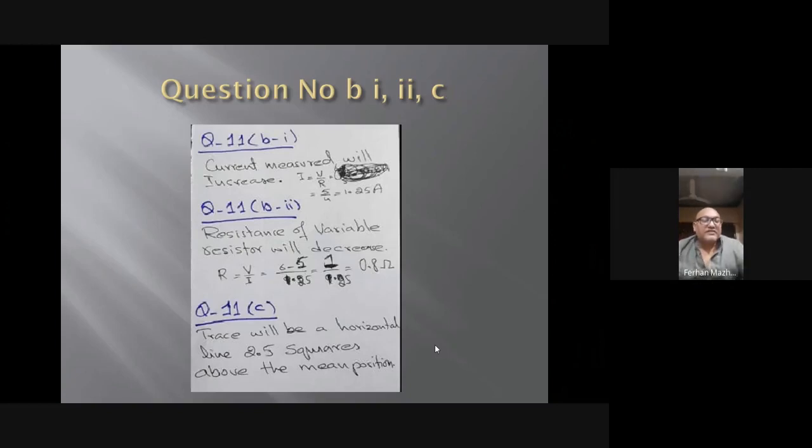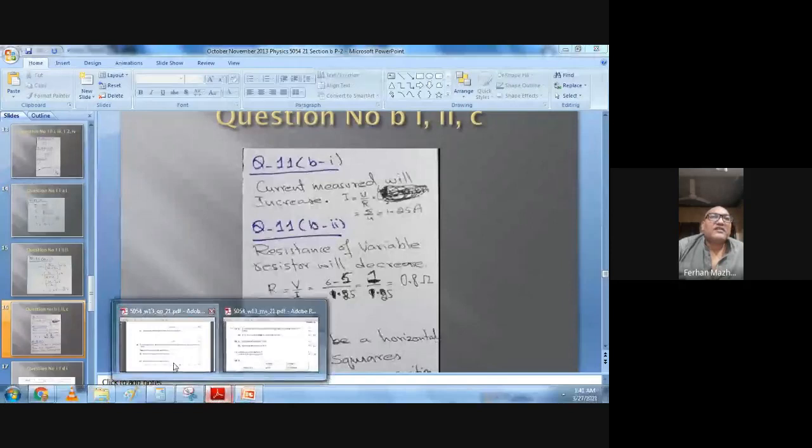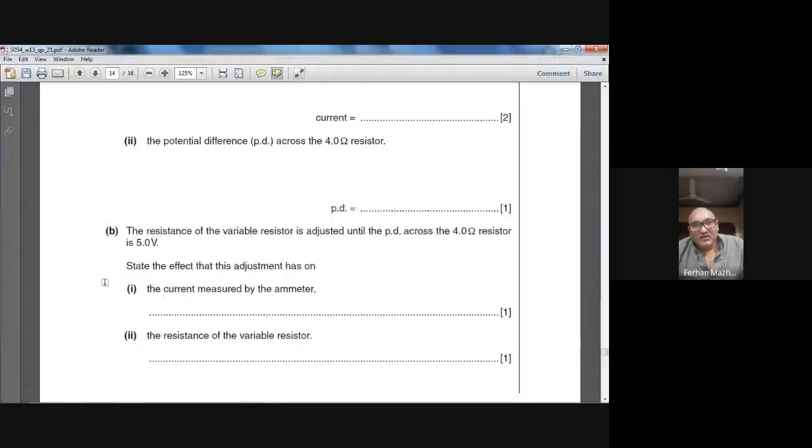Let me check the statement of the question clearly. The resistance of the variable resistor is adjusted until the potential difference across the 4 ohm resistor is 5 volt. State the effect that this adjustment has on the current measured by the ammeter. Now the same current flowing through the ammeter will be flowing through R1 and the same current will be flowing through R2.